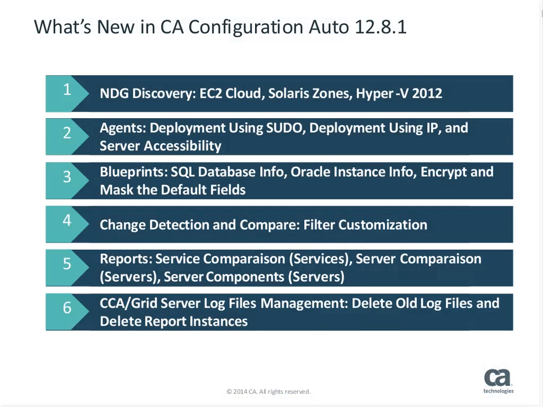For 2, 3, we're going to take a look at the SQL Database Info, Oracle Instant Info, the Encrypt and mask default fields. 4, we're going to take a look at change detection, compare and filter customization, as well as just briefly talk about some of the reporting, service comparison servers, and so forth. 6, and we're going to go ahead and talk about a couple of the log files that have been requested. These are enhancements that people requested, but they're really valuable to our customers as a whole.